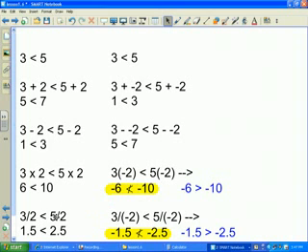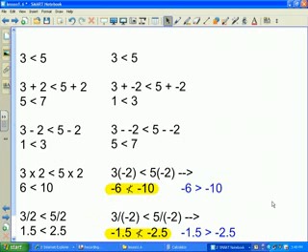Finally here, I'm dividing both sides of that simple inequality by 2. I get a true simple inequality. 1.5 is less than 2.5. But here in the right-hand column, if I divide by negative 2, I get a false inequality. Negative 1.5 is not less than negative 2.5. Negative 1.5 is actually greater than negative 2.5.